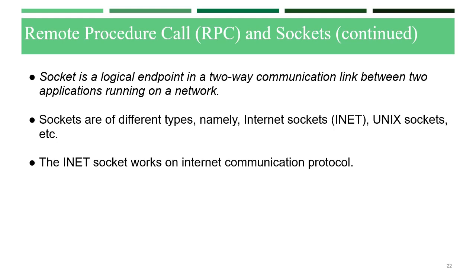Sockets are of different types, namely internet sockets, Unix sockets, etc. The internet sockets work on internet communication protocols. TCP/IP, UDP, etc. are the communication protocols used by internet sockets.